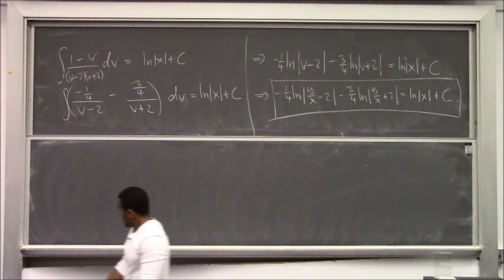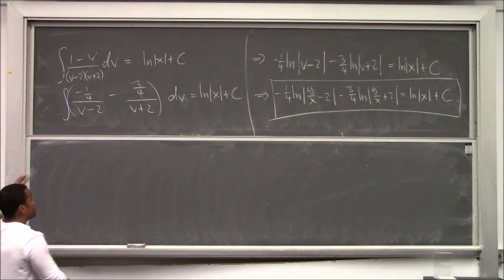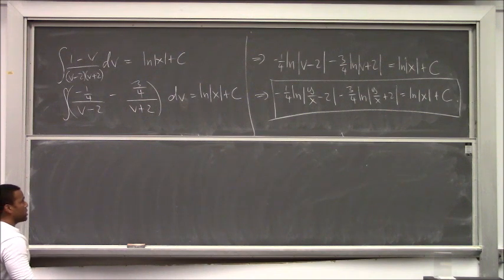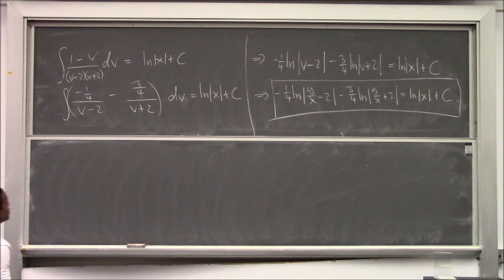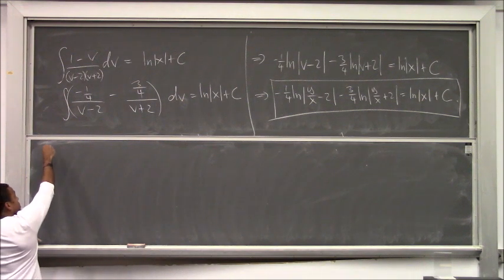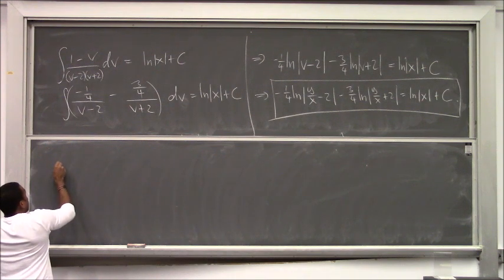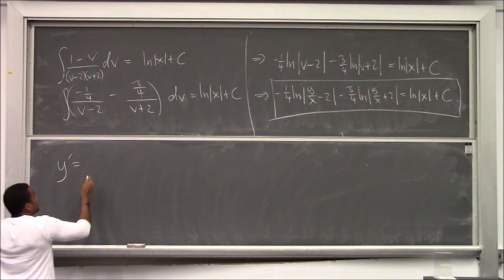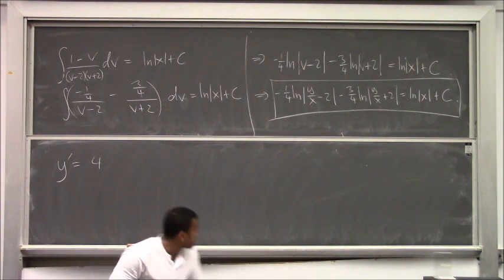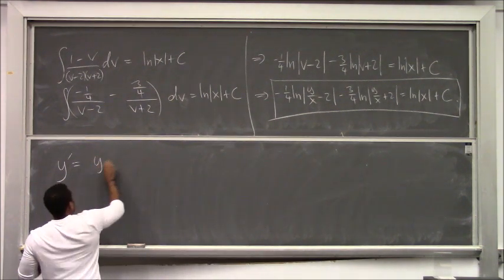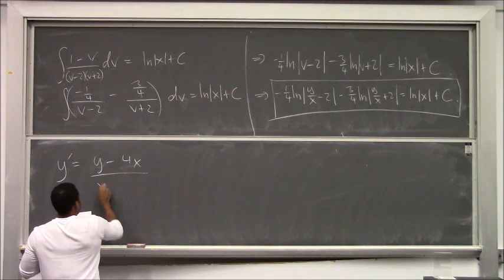Now, let me tell you the general summary of how this thing works, as well as some remarks before moving on to a couple other problems. One thing to notice here is that we started out with y minus 4x over x minus y.